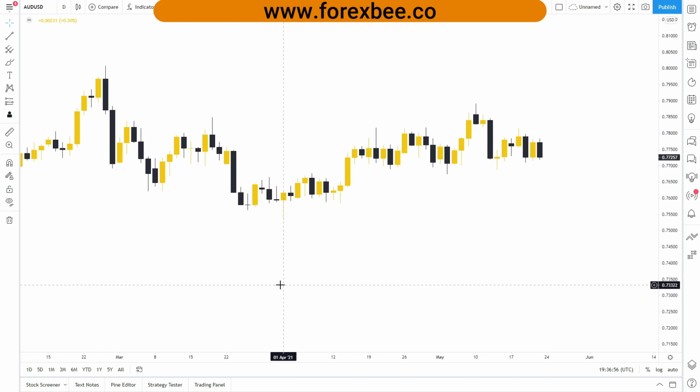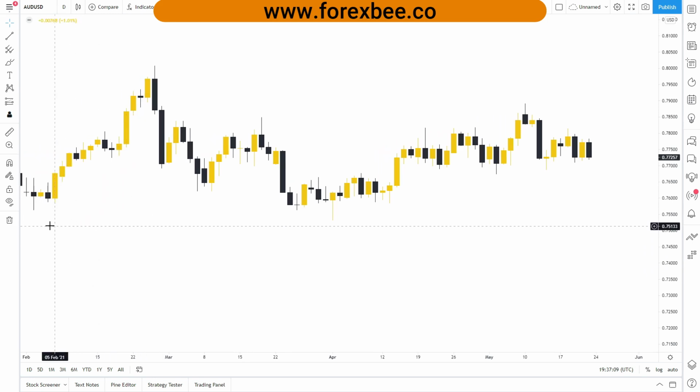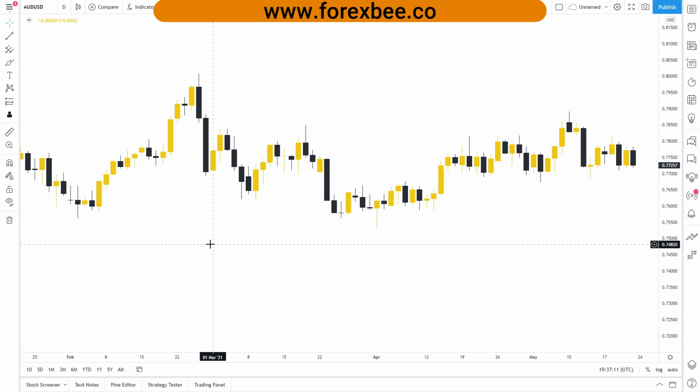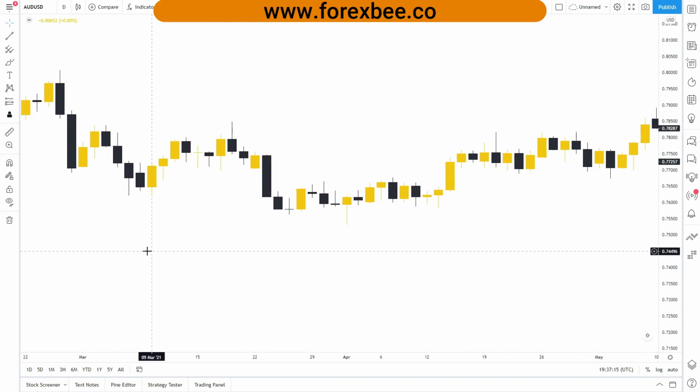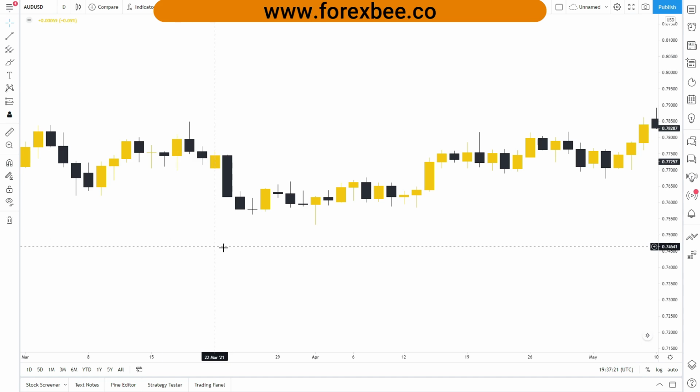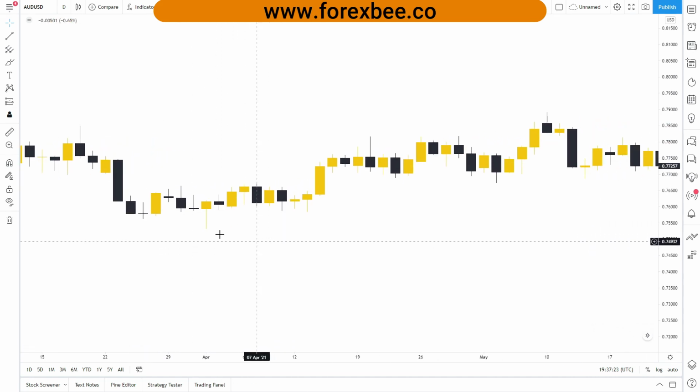What we need to do is look for patterns, and we need to spot a bearish engulfing pattern here. Wherever we find that pattern, we're going to draw our zones at that level. So let me zoom in a bit, and let's see. Here's one I have found.